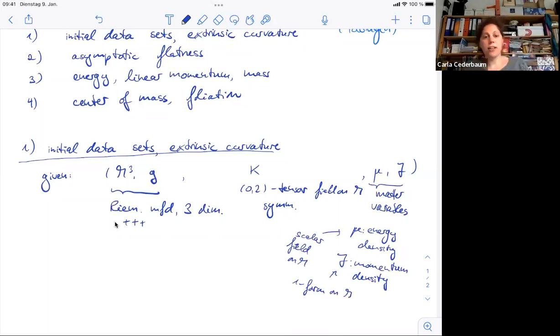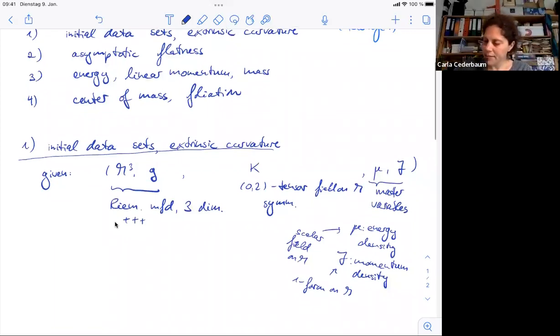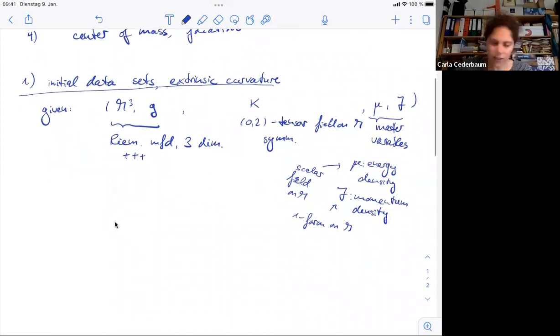So such data, a manifold M with a Riemannian metric g and a symmetric (0,2) tensor field k and a scalar field mu and a one-form J, is called an initial data set. And I'll try to explain to you why. And I'll also try to give you more information about what this k is and mu and J are in a second. So let's first draw a sketch.